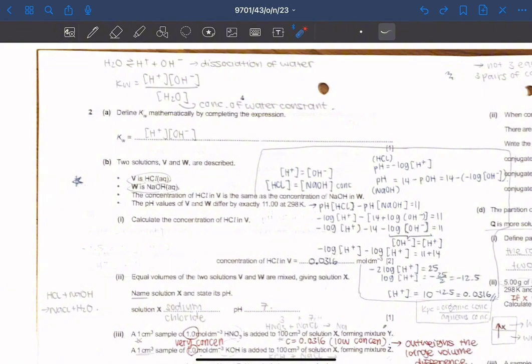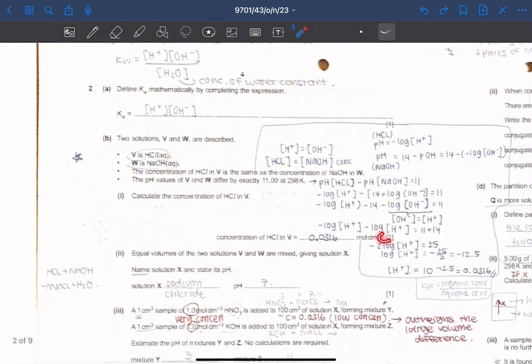Next, B is rather tricky, that's why it's 2 marks. Two solutions V and W are described. V is HCl, W is NaOH.